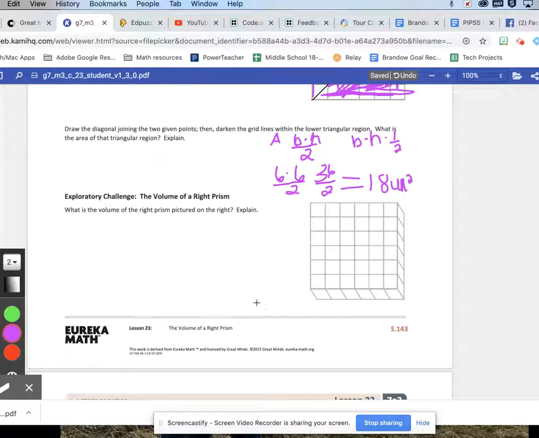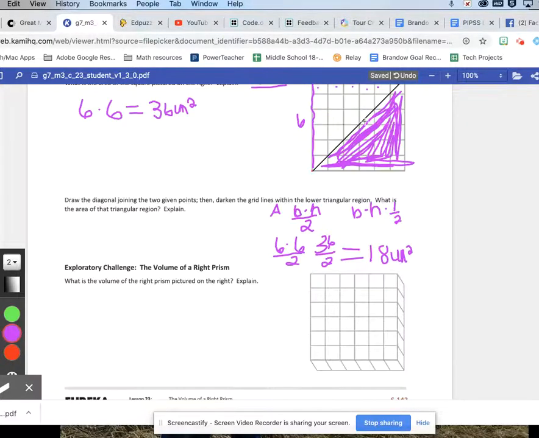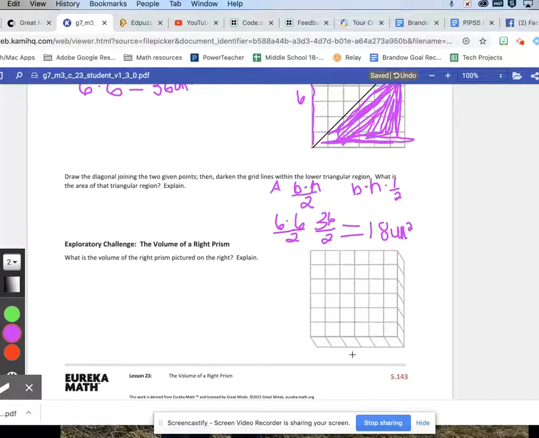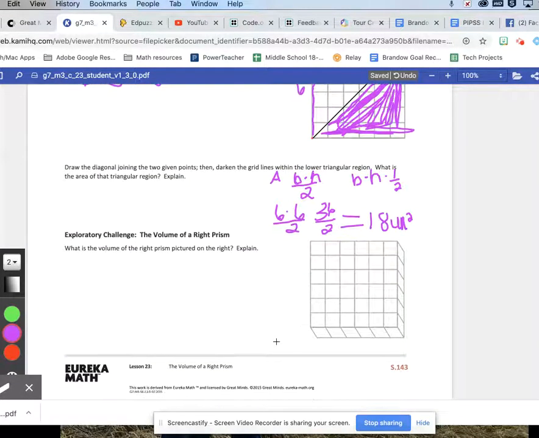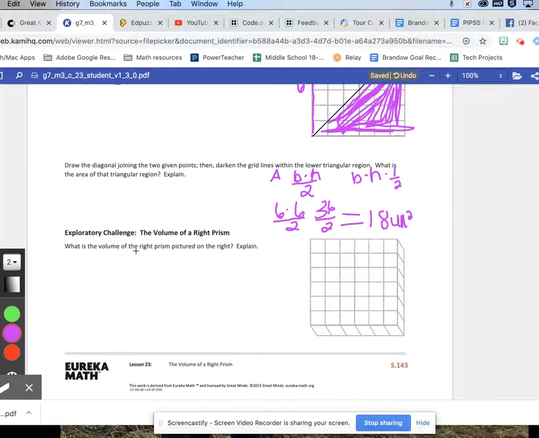Exploratory challenge, the volume of a right triangular prism. So far we only had this 2D shape. Now we're going to prisms, these 3D shapes. What is the volume of the right prism pictured on the right? So remember, it's area of the base times our height. But we already found, I know that this is again the 6 by 6.